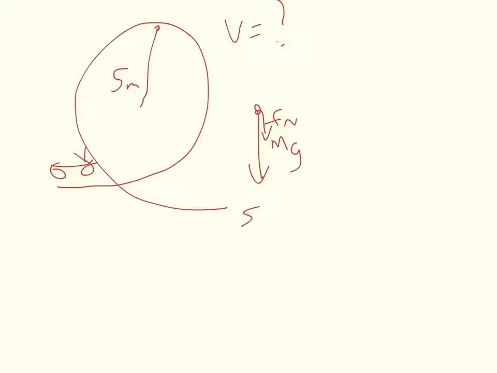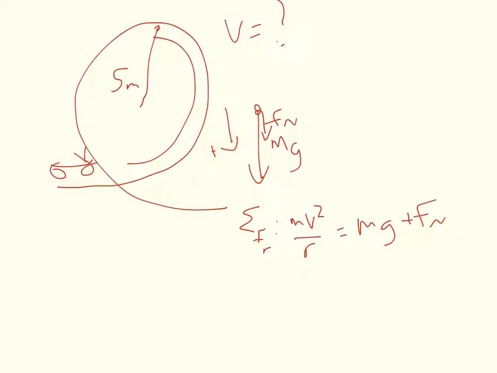The sum of the forces acting in the direction of the radius will add to be mv squared over r, because we're in circular motion. Towards the center is positive, so we have positive weight, mg, and positive normal force.